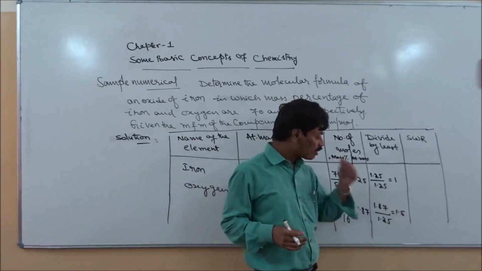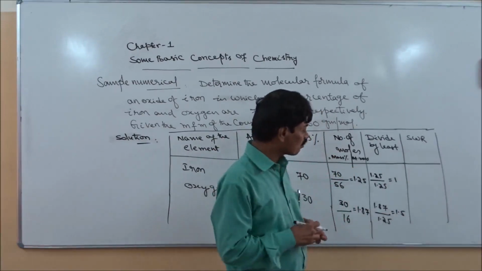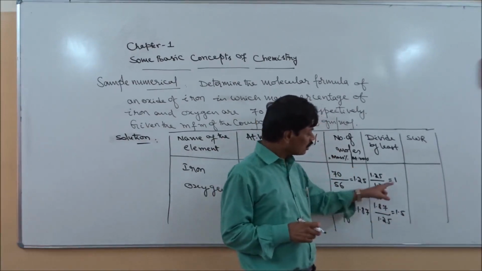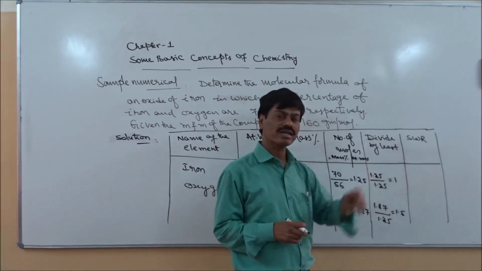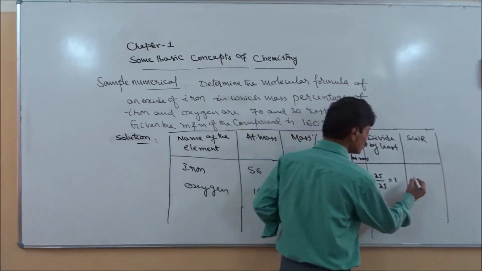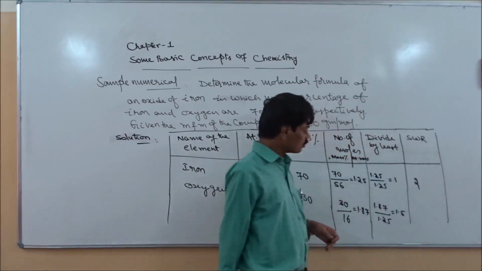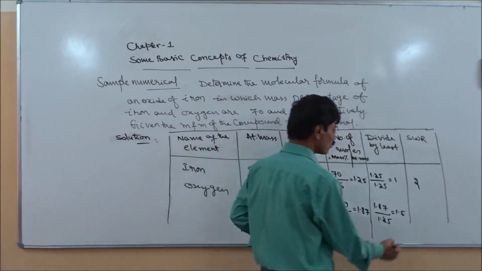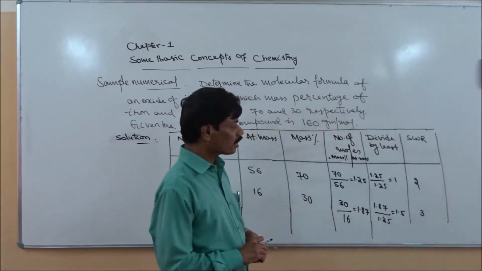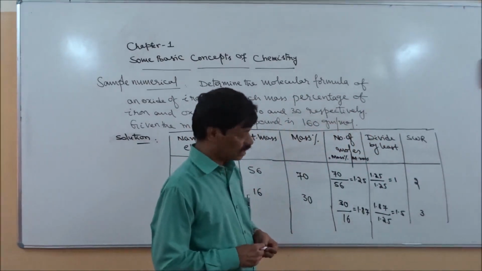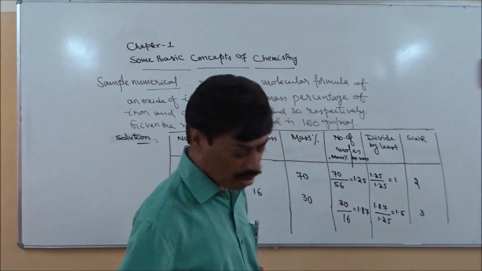Here 1 and 1.5, when they are converted into a simple whole number ratio, it is possible when these two are multiplied by the same number like 2. 1 into 2 is 2, 1.5 into 2 is 3. This is called a simple whole number ratio. 2:3. Now how to represent the compound?